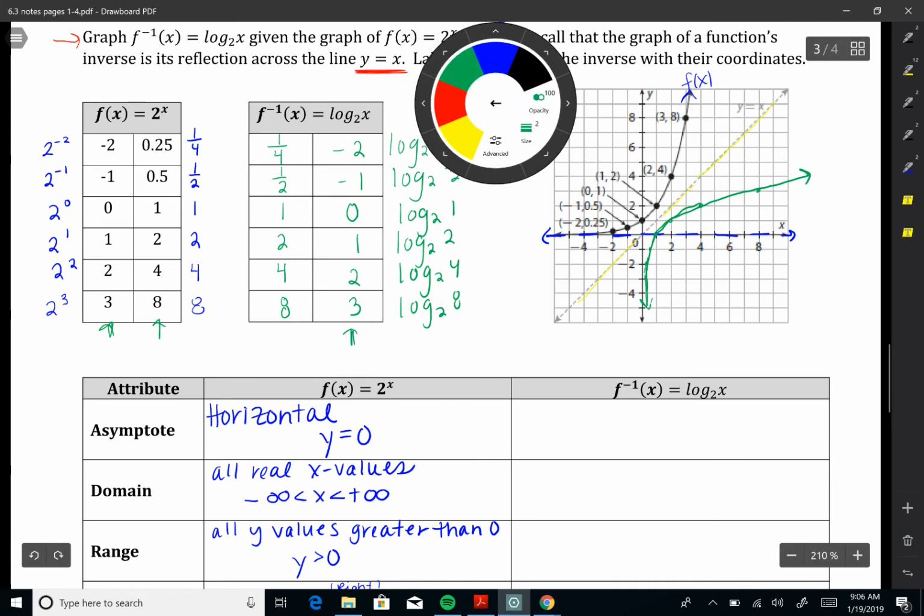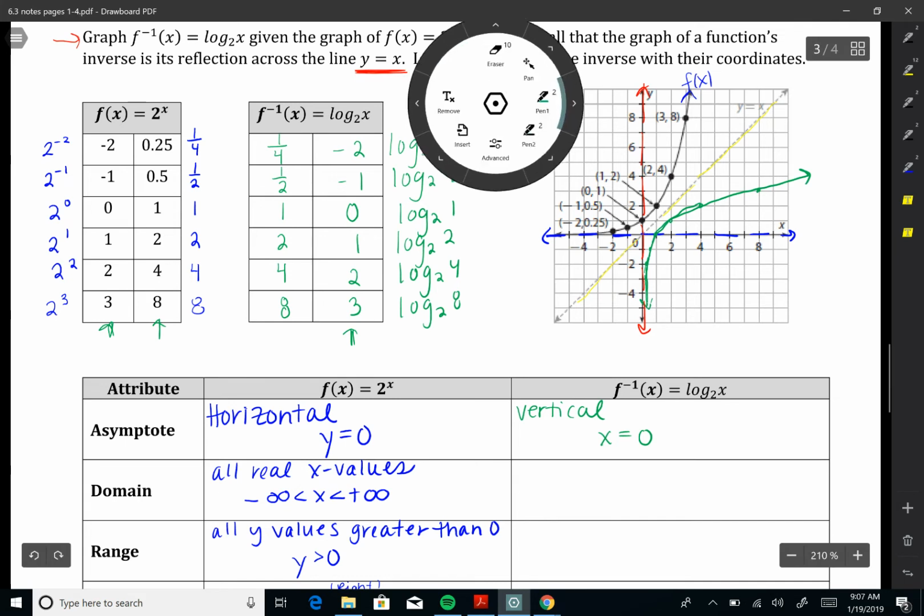So on my exponential function, I had a horizontal asymptote at y equals 0. When we do the reflection and do the inverse, we now have a vertical asymptote at x equals 0. So we have a vertical line as our asymptote, and we have to be careful there.